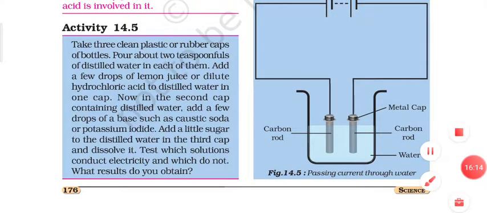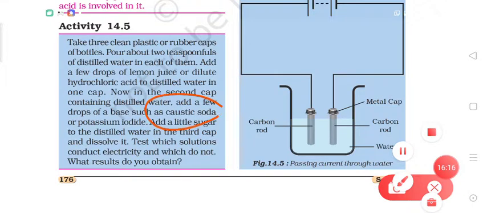In the same way, we will add certain bases also. For example, we will dissolve some caustic soda or potassium iodide in distilled water, and we will find that bases also make the distilled water a good conductor of electricity.